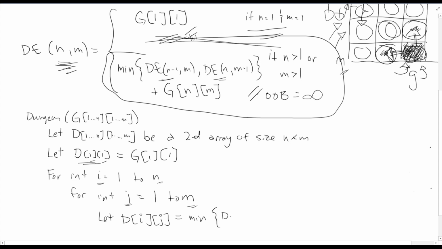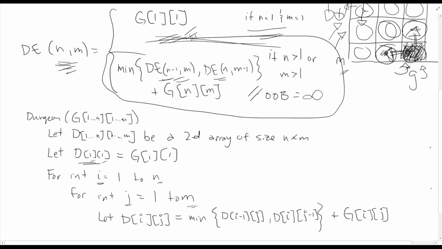So the lookups are D, I minus 1, J. That was my first one here. Again, I in for N, J in for M. Or my second one here, D, I, J minus 1. Again, and then let's be careful, plus we'll take that input list G and add on I, J. Okay, again, being careful not to put N's and M's in here.